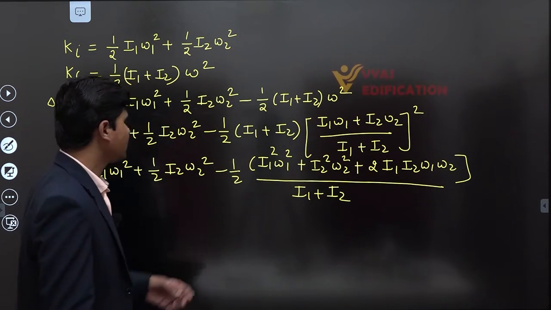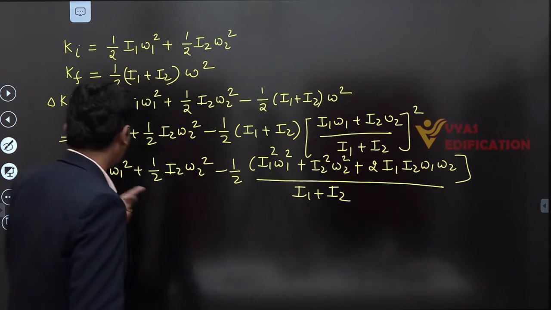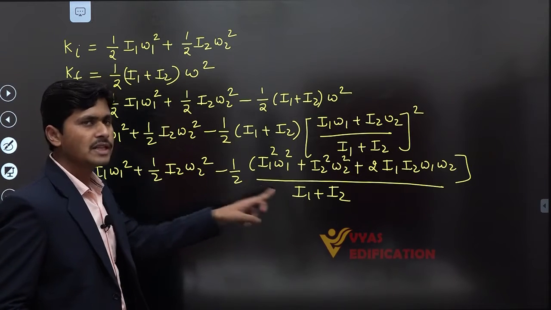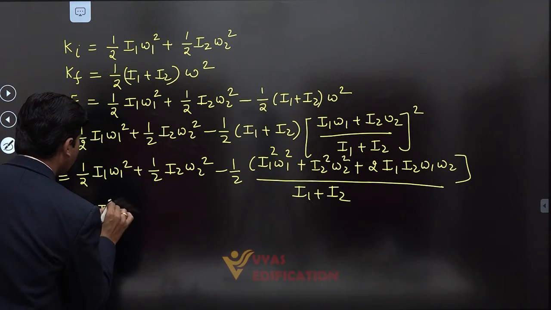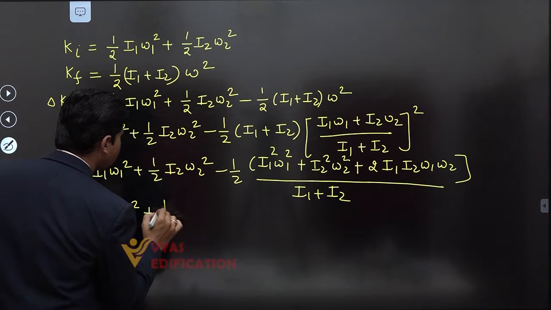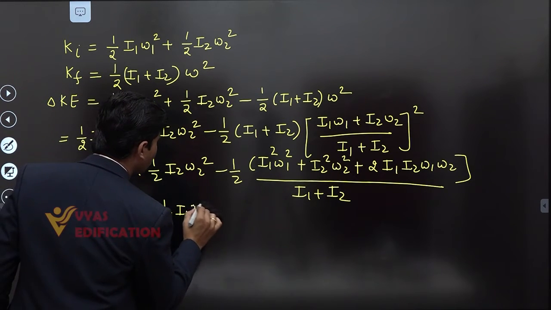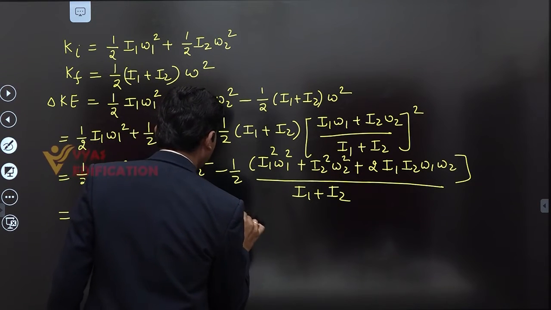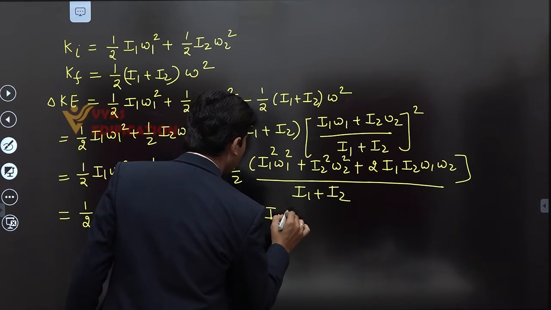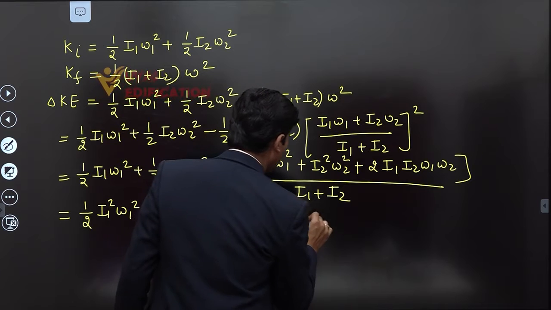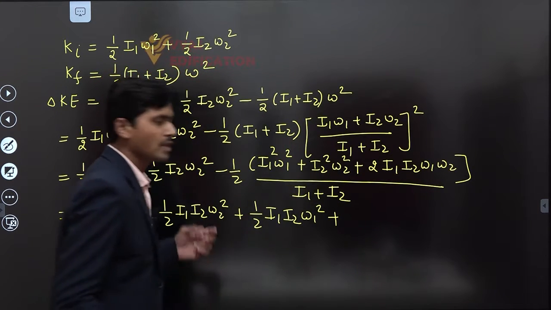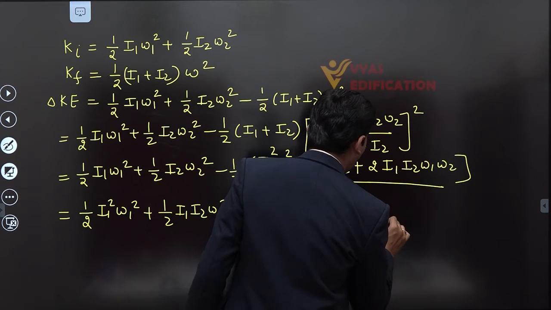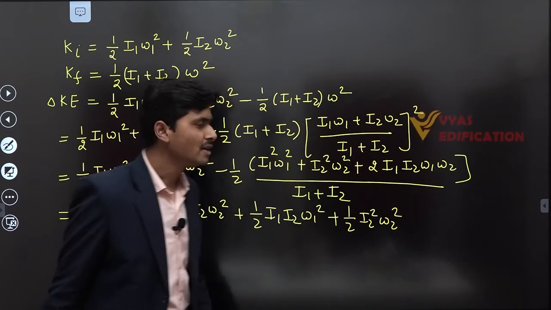Now if you take here LCM I1 plus I2 and multiply it, you can write like this, 1 by 2. First I am multiplying with I1, so I1 square omega 1 square plus 1 by 2 I1 I2 omega 2 square, clear. Now I am multiplying with I2, plus 1 by 2 I1 I2 omega 1 square plus 1 by 2 I2 square omega 2 square, clear.